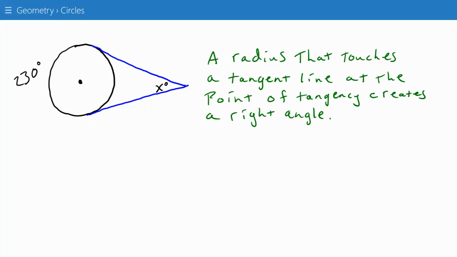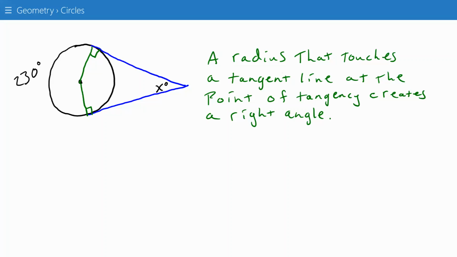So if you have a radius in the circle and it goes out to the edge of the circle and it touches this tangent line at the point of tangency, then it creates a right angle. So let's give ourselves a couple radii. They're going to look like this. So I have a 90-degree angle because I met up with the tangent line at the point of tangency. And another 90-degree angle.